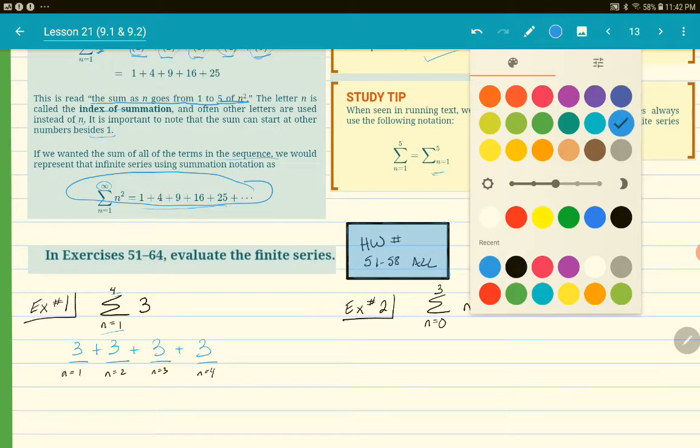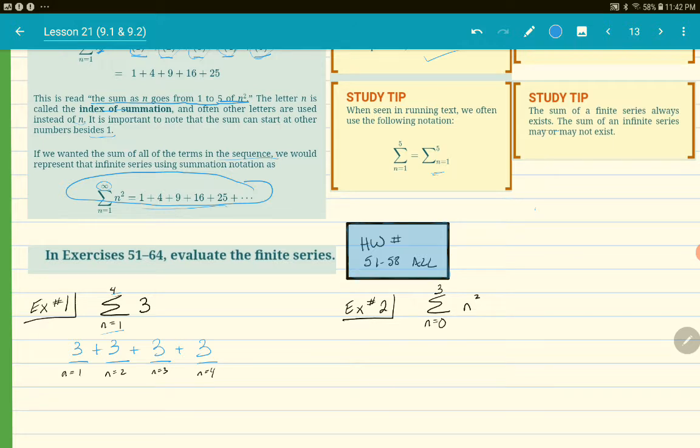There's still 3 because it's just a constant. But I still have to add it 4 times because my sum says to add for n equal to 1, 2, 3, and 4. So I add that 4 times together, and I get 3 times 4, which is 12.